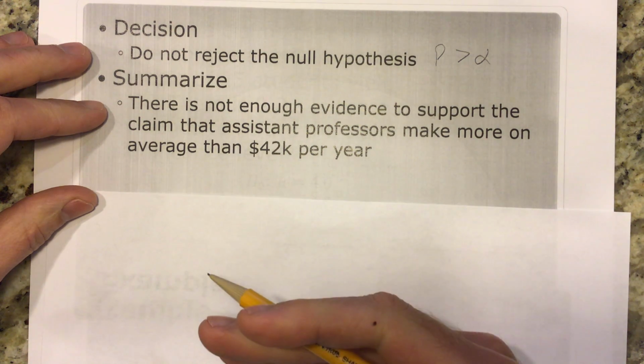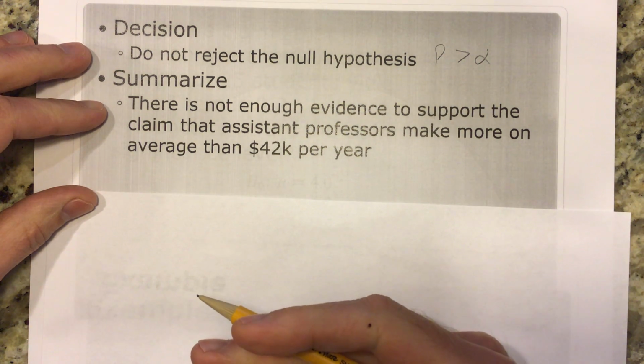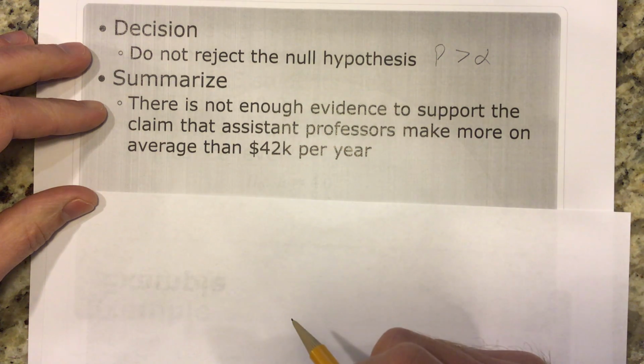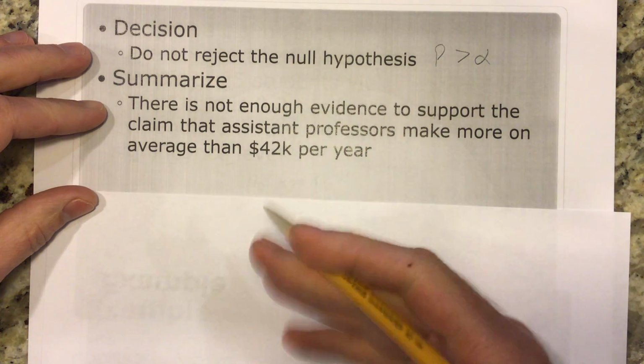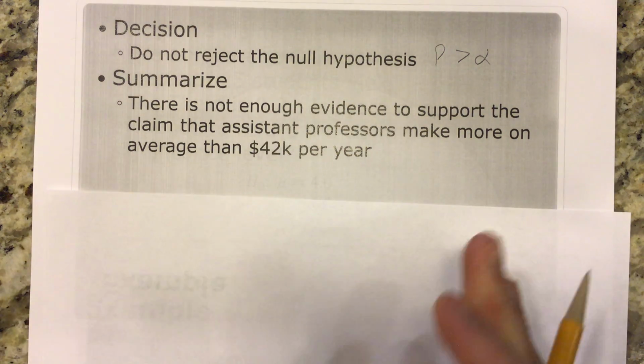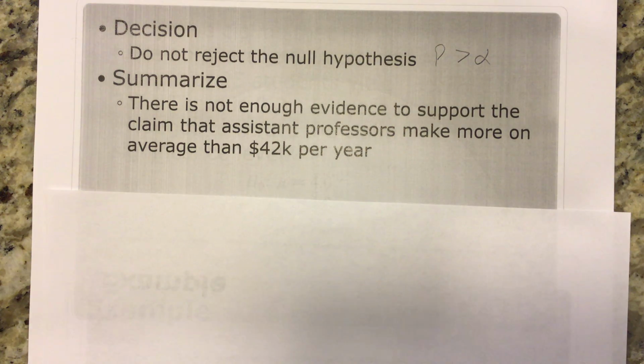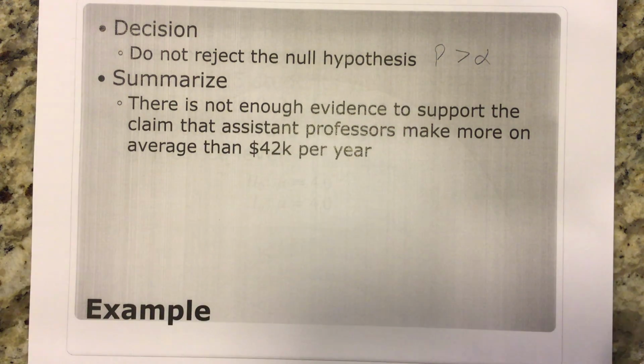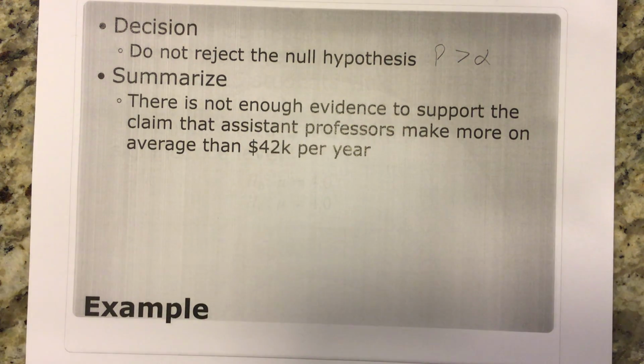Or we could say fail to reject the null hypothesis. We cannot overturn that they do make $42,000 per year. You could say it either way, because there's two sides to the argument, and you just say which side you're supporting, which side won. And there you go. Hopefully that made sense.